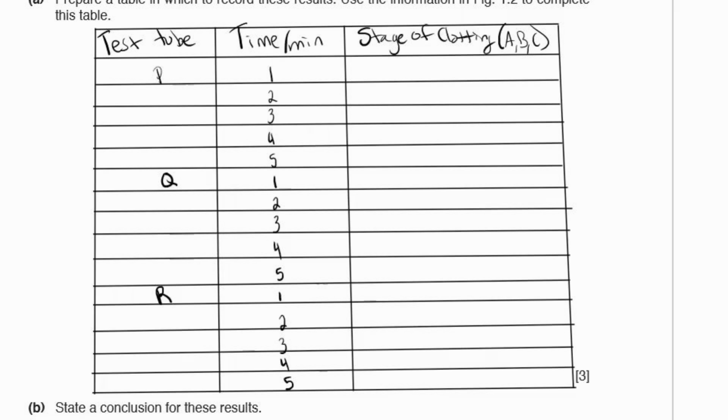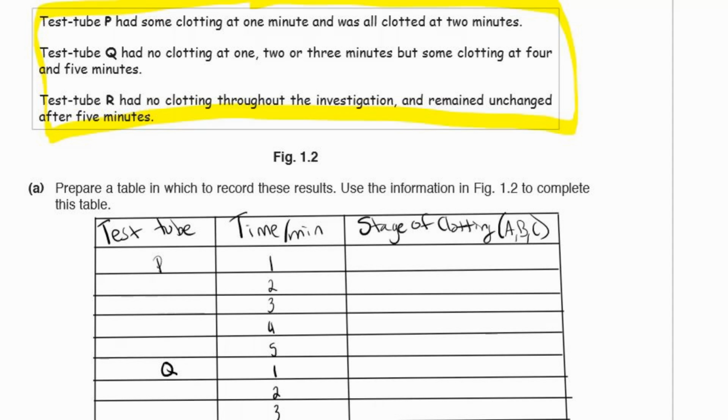And now we have to put in the stage of clotting. Okay, so test tube P had some clotting at 1 minute and was all clotted at 2 minutes. So some clotting was stage B, and all clotted was stage C, and so it stayed at C for each minute after that. Test tube Q had no clotting at 1, 2, or 3 minutes, but some clotting at 4 and 5 minutes.